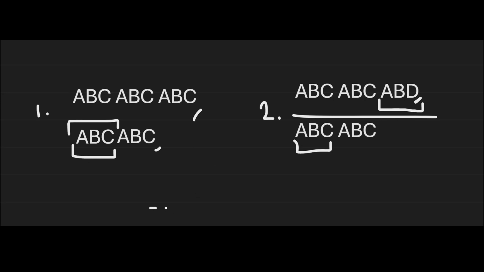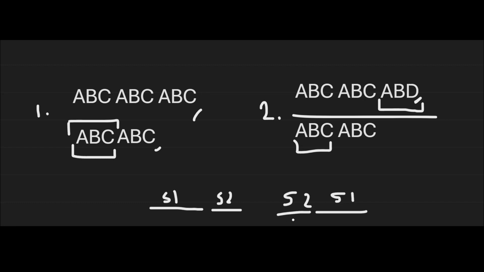So if we arrange them, let's say this is string 1 and this is string 2, then string 1 and string 2 will just be a combination of the string of length 3. So it does not matter if we put string 1 first and string 2 later, or string 2 first and string 1 later.